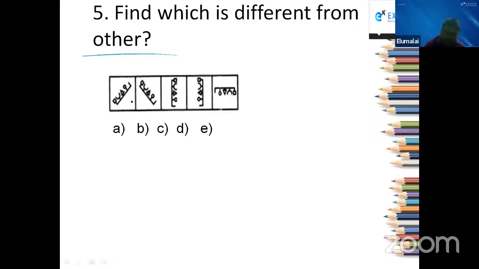See, if you rotate this in some manner, that is clockwise or anti-clockwise, this figure can come, this figure can come, and this figure can come. Right. If you rotate it in a clockwise manner, will you get this one? No. This one will be odd man. I hope you can understand this.